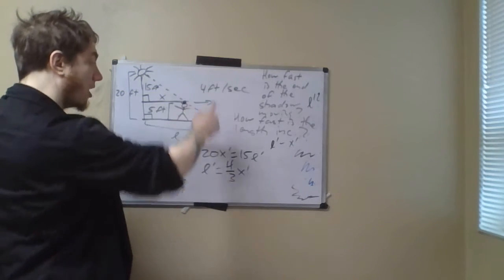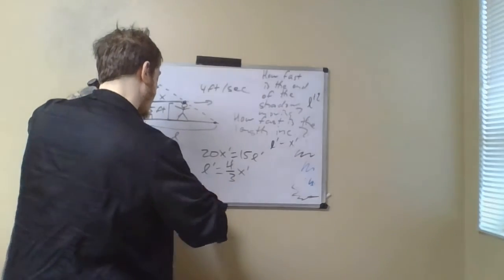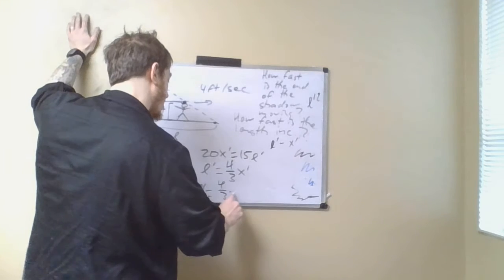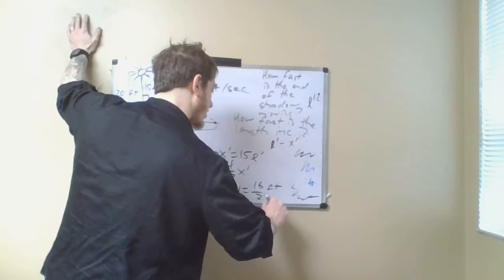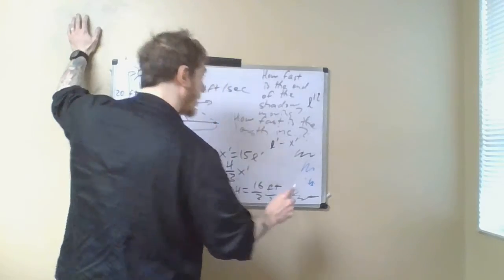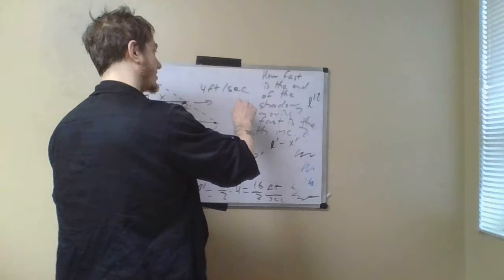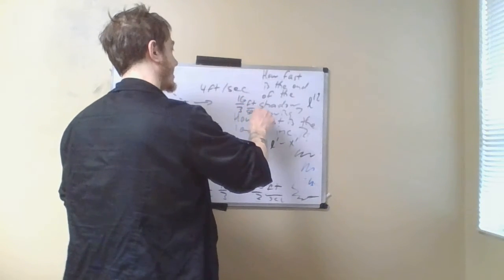But what is x prime? Well, she is moving at 4 feet per second. So this means that L prime is going to be equal to 4 over 3 times 4, which is 16 over 3 feet per second. So that is how fast the end of her shadow is moving. 16 over 3 feet per second.